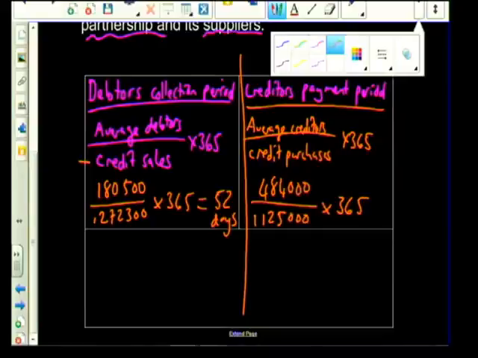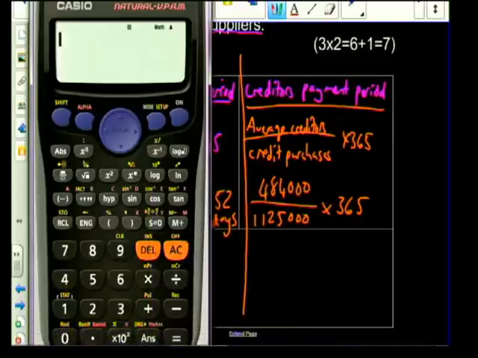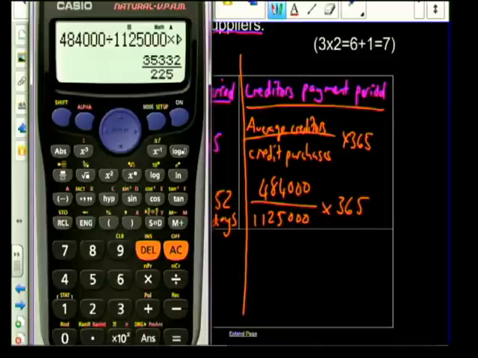Let's do that on the calculator. 484,000 divide by 1,125,000, and the answer we're going to multiply by 365 to see how many days we have, and the answer comes to 157 days.